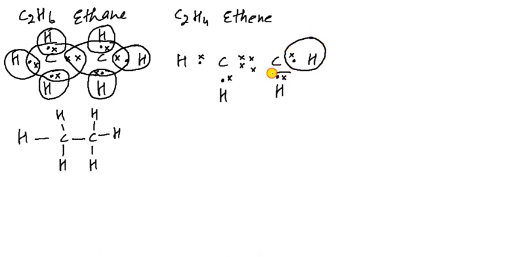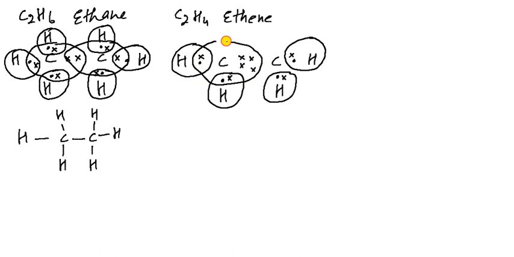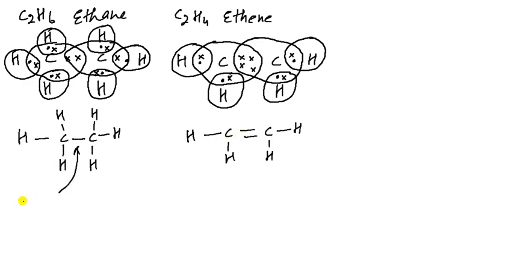The other carbon also has four electrons in its outermost shell. The hydrogens share one electron each with the carbon atoms, and the two carbons share electrons with each other. You can draw this structure very easily. So how does bonding happen? There is a carbon-carbon double bond, and hydrogen is attached only with single bonds.